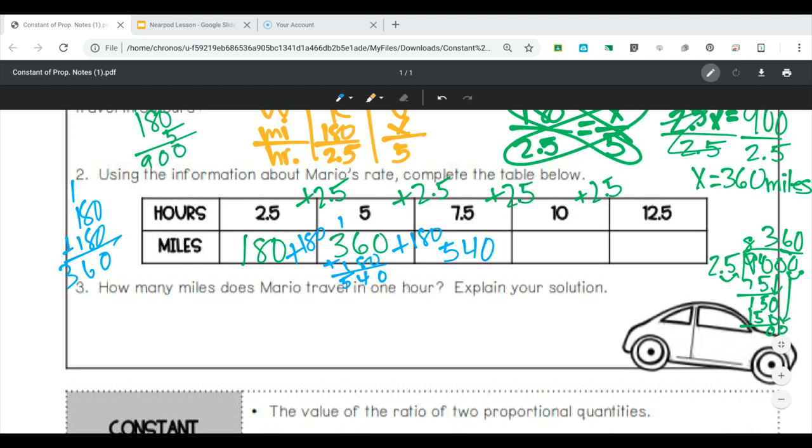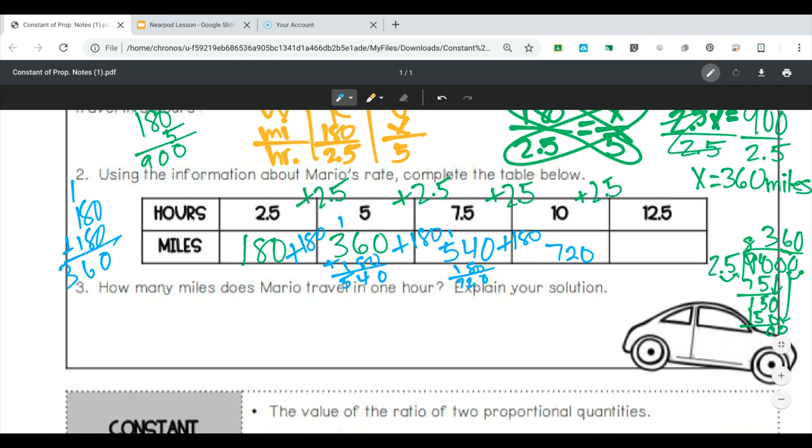Okay, so we added 180 there, so let's add another 180 here to 540, and you'll get 720.